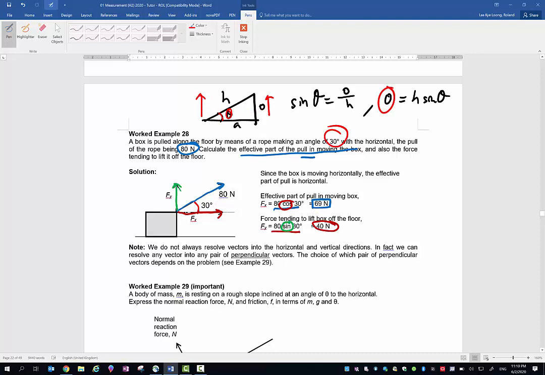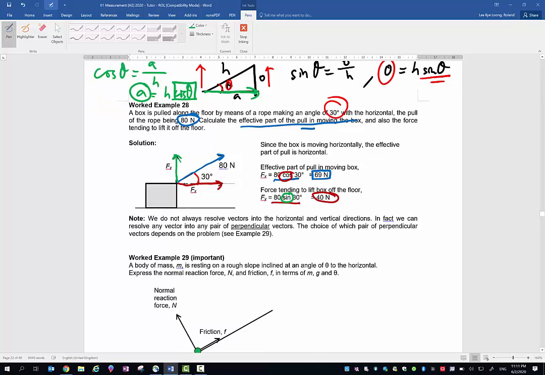Always remember, the component away from the theta is sine. The component next to the theta is cosine. Cosine theta is equal to adjacent over hypotenuse. So adjacent equals hypotenuse multiplied by cos theta. As you can see, the component that is next to the theta is cosine, because adjacent is next to the theta. So remember it that way.